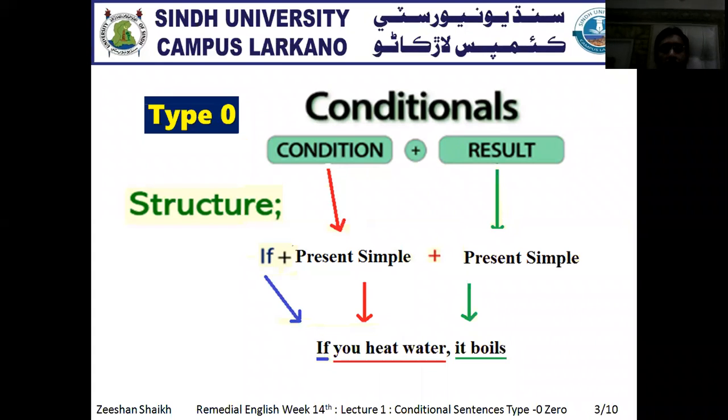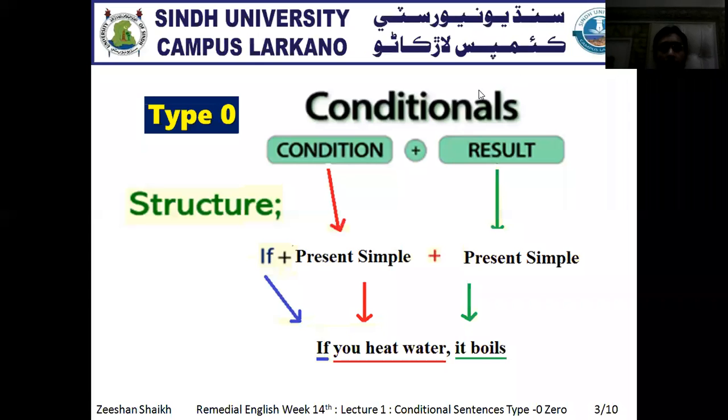Whenever the first action happens, the second action follows usually or automatically. That's why we use the type 0, and because we have two present simple tenses, we call this a conditional sentence of type 0.